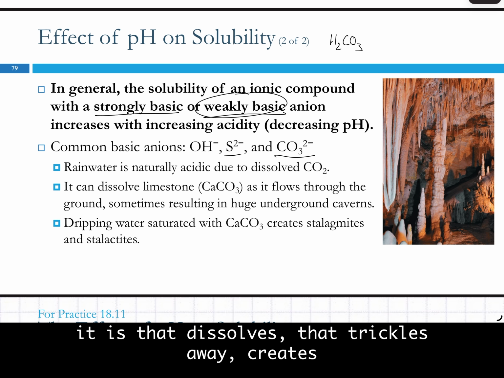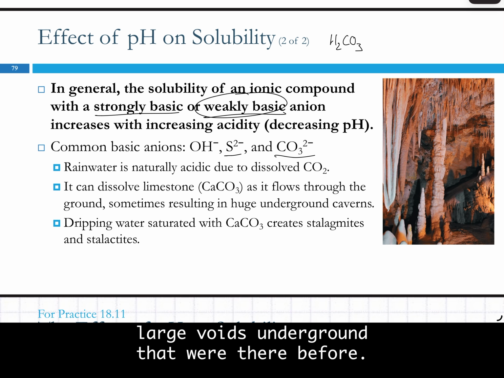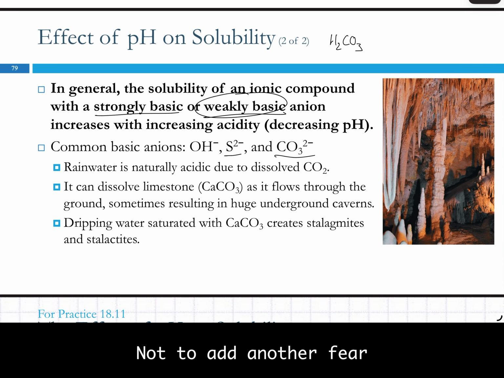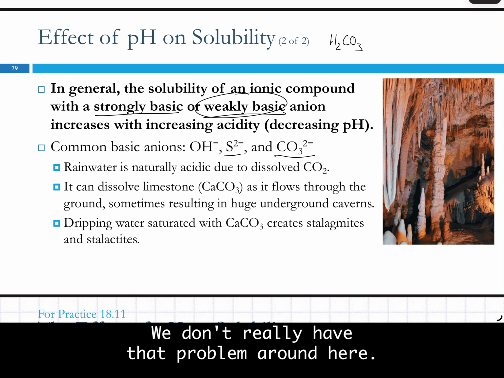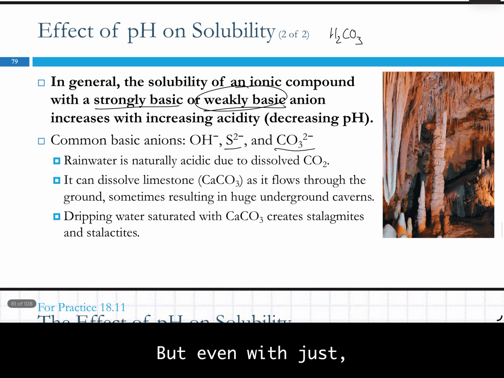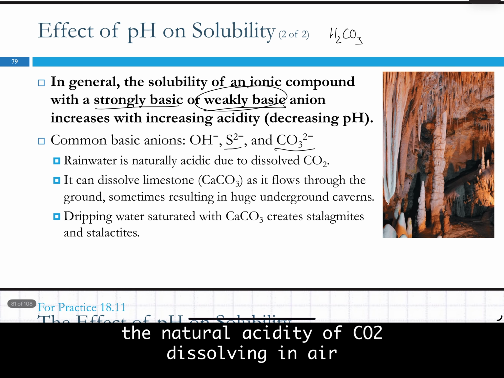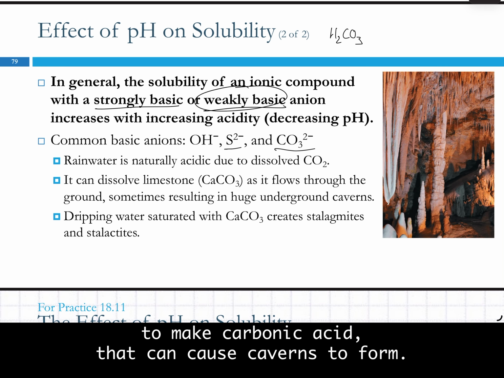That dissolves, trickles away, and creates large voids underground that weren't there before. Not to unlock a new fear for anybody. We don't really have that problem around here. But even with just the natural acidity of CO2 dissolving in air to make carbonic acid, that can cause caverns to form.